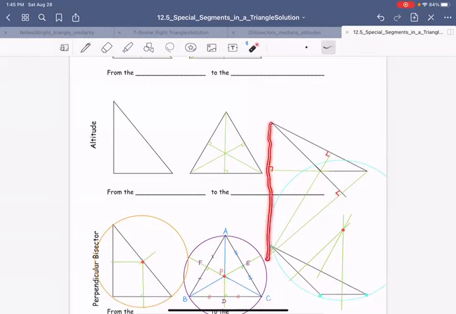And then these three altitudes meet at the same point, okay? This is called the orthocenter for this obtuse triangle. For an acute triangle, the orthocenter is inside the triangle. For an obtuse triangle, the orthocenter is outside the triangle, okay? So far, so good? Yes.